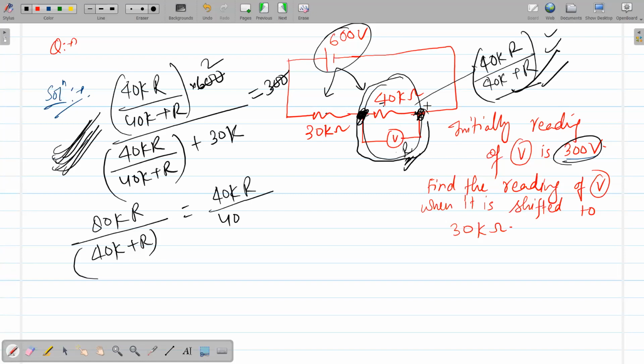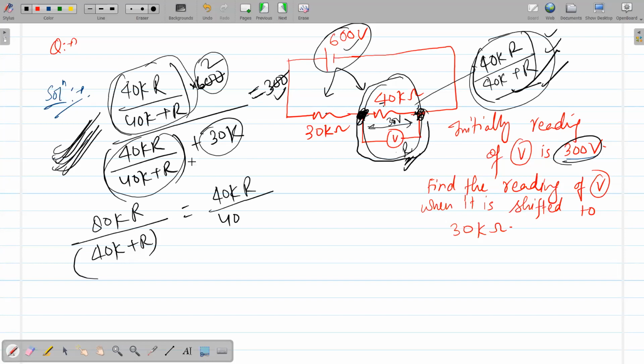So I'm dividing this 600 volt across this combination, which has this resistance, so it is R1 multiplied by total voltage divided by R1 plus R2, equals the given voltage. Is it okay?